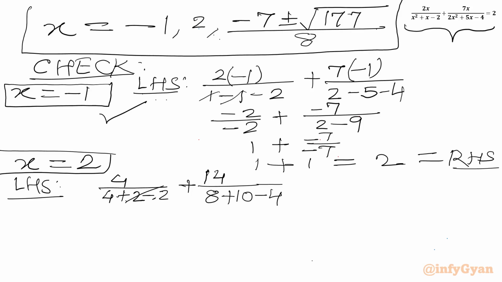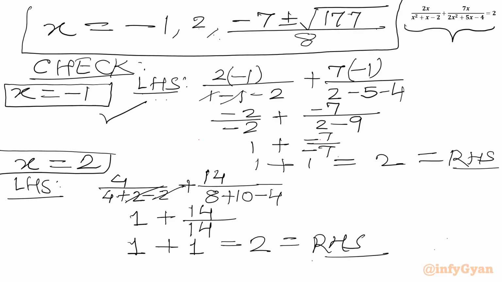Now I will cancel plus 2 and minus 2. So 4 over 4 will give us 1, plus 14 over 18 minus 4, so 14. So again we are getting 1 plus 1, which will give us 2, our RHS. Hence this is also a verified solution.